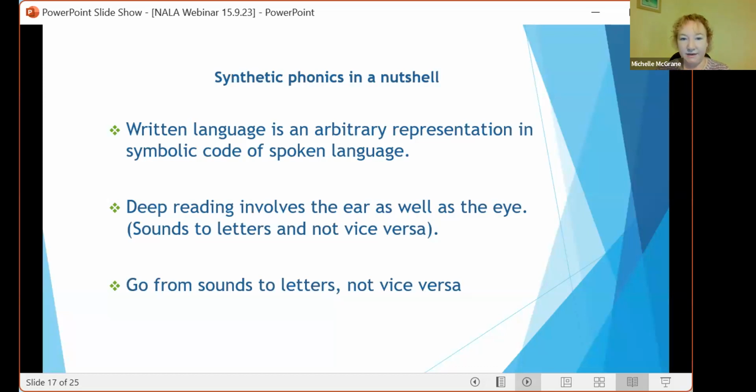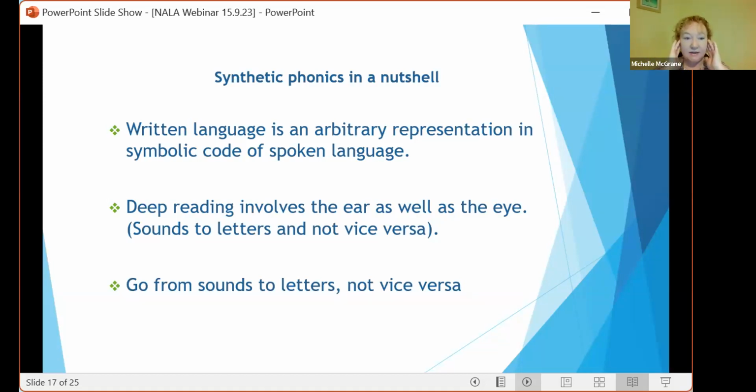Hence the word phonics. Phonics, like the word phone or phoneme or phonic or phonetic, is associated with the ear, not the eye. And so being able to hear the sounds and blend the sounds and segment the sounds with your ear is absolutely crucial.